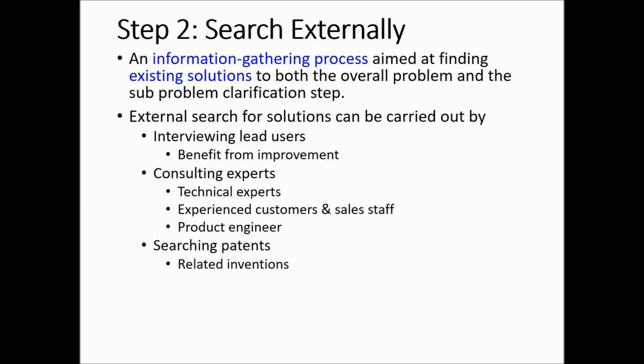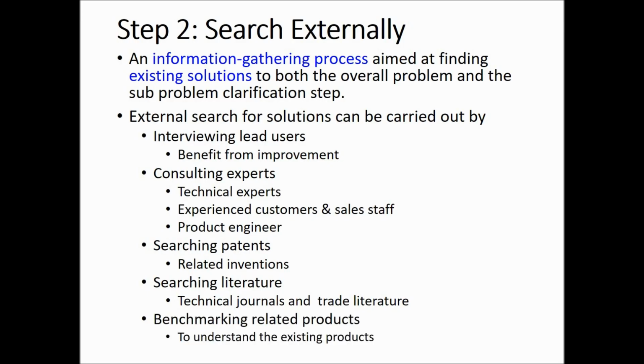And then you can look at what people have already developed as technology. You can look at patents, the related inventions by others. And you can also look at the literature, the research publications and books where people have reported various new technologies in implementing certain things.